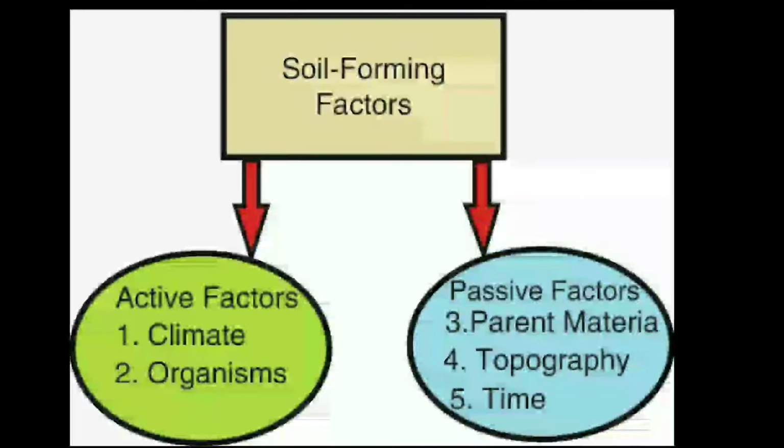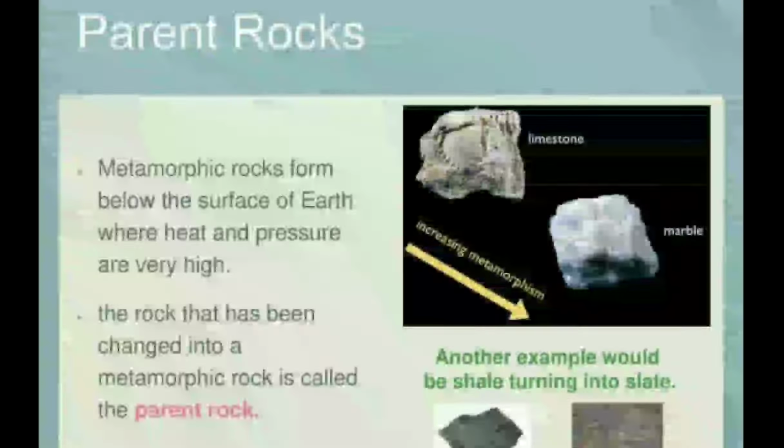Soil is formed mainly because of two reasons: nature of parent rock and climatic factors. Parent rock means the basic rock from where the soil is formed. If the rock is hard, the quality of the soil will vary. That's why one of the factors is called parent rock.